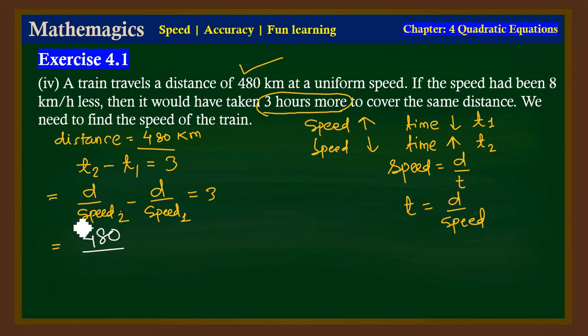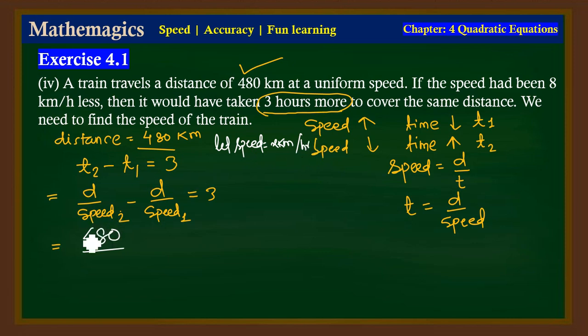And dear friends, let us see, a train travels a distance of 480 kilometer at a uniform speed, if the speed had been 8 kilometer less, then it would have taken 3 hours more. So here the speed is 8 kilometer less. So let us consider, let the uniform speed be equal to x kilometer per hour.